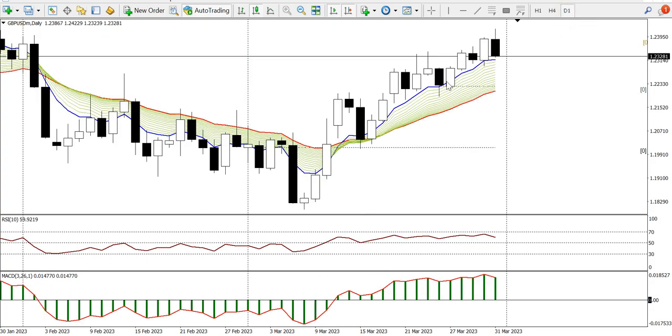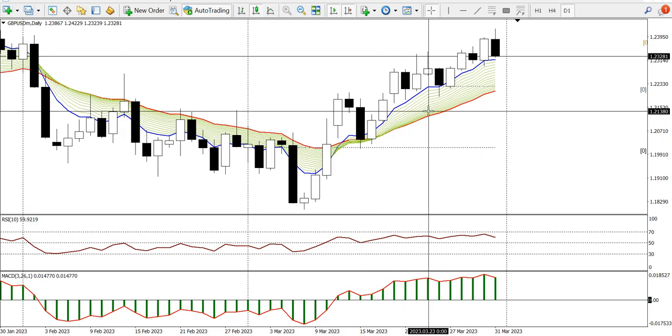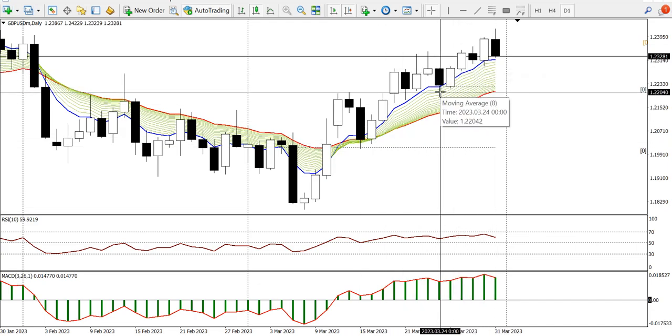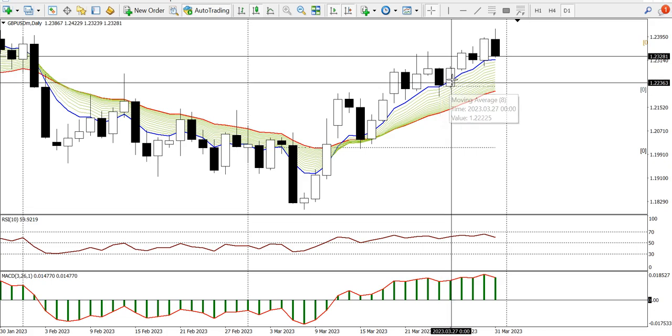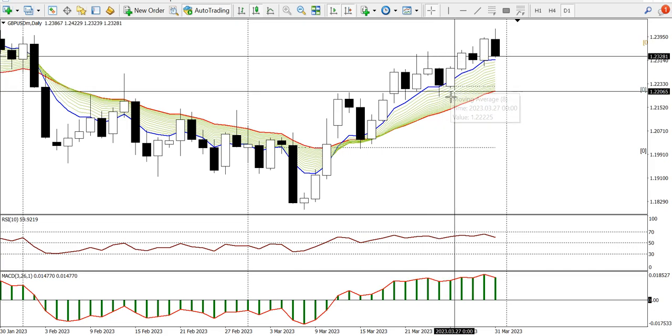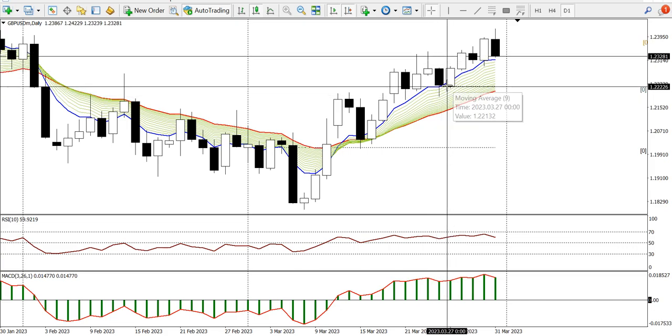If we come to the daily chart, we see that price is moving higher. 1 2 3 4 5 6. This was the start of the week, and previously price rejected this area, but it is in the EMA zone.